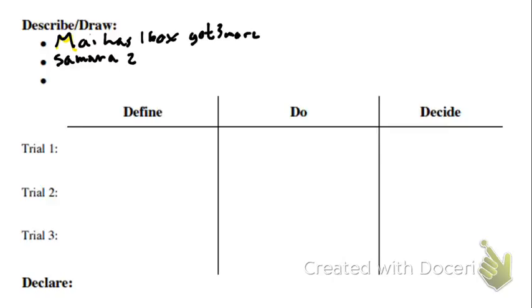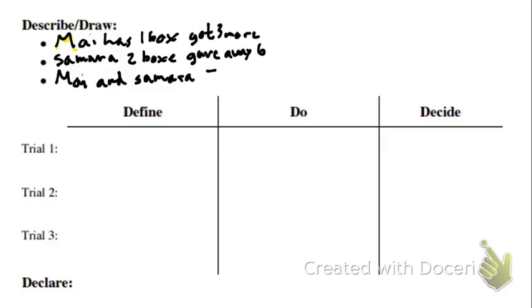Samara has 2 boxes and she gave away 6. I apologize. After this, Mai and Samara had the same number of toys. Alright, so there's my descriptions.